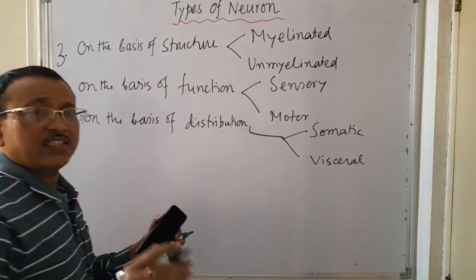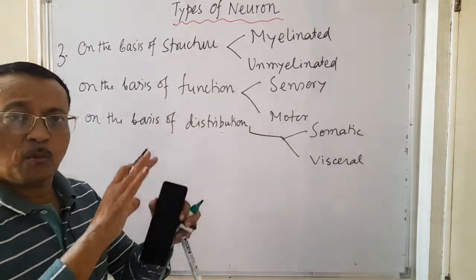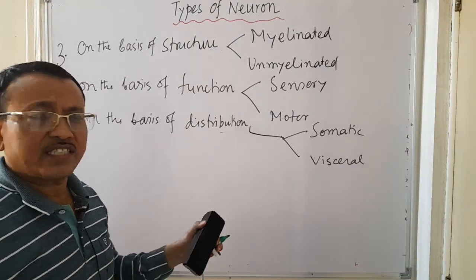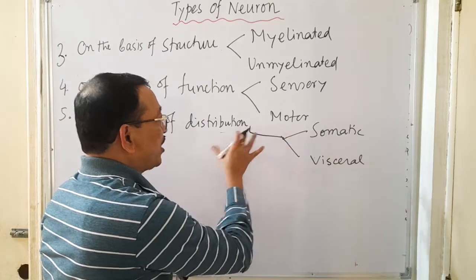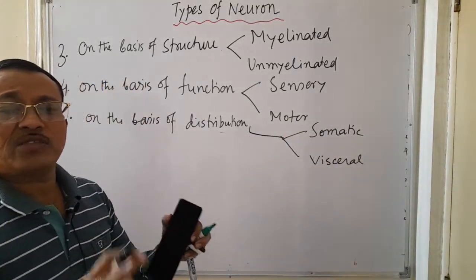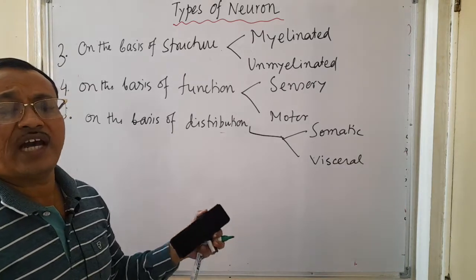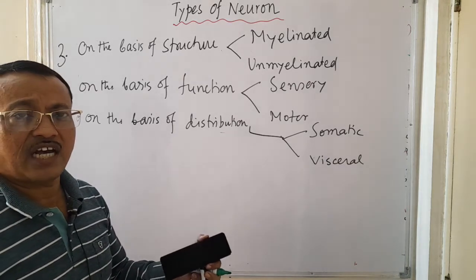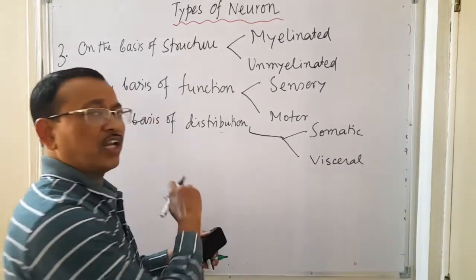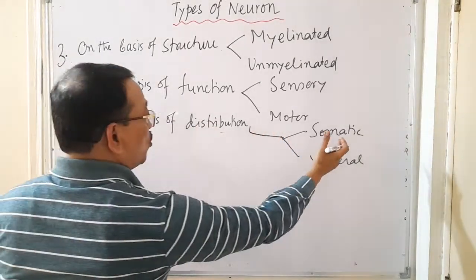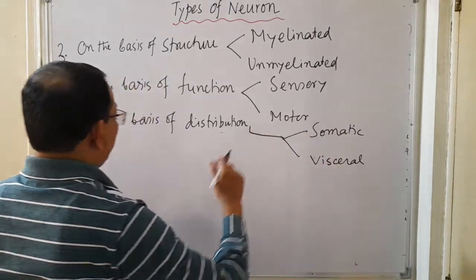One is distributed to the somatic structures of the body, like skeletal muscle, bones, joints, etc. Those are known as somatic neurons. Some are distributed to the visceral organs in our body like heart, kidney, intestines, etc. Those are known as the visceral neurons. So as far as distribution is concerned, two types of neurons, somatic and visceral.